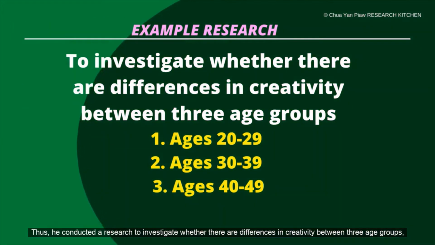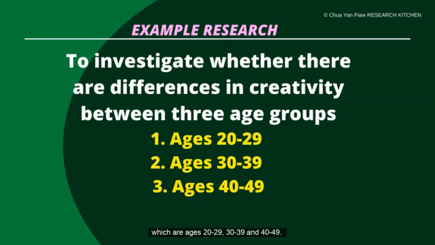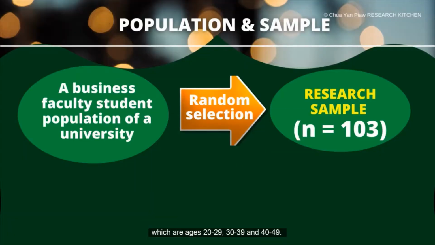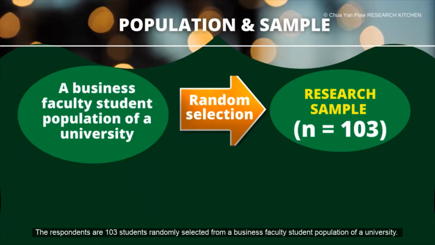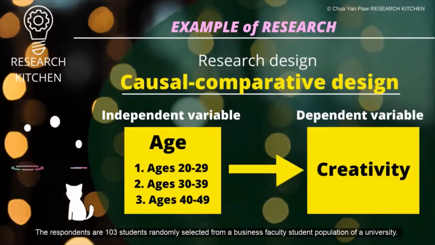He conducted a research to investigate whether there are differences in creativity between three age groups, which are age 20 to 29, 30 to 39, and 40 to 49. The respondents are 103 students randomly selected from a business faculty student population of a university.